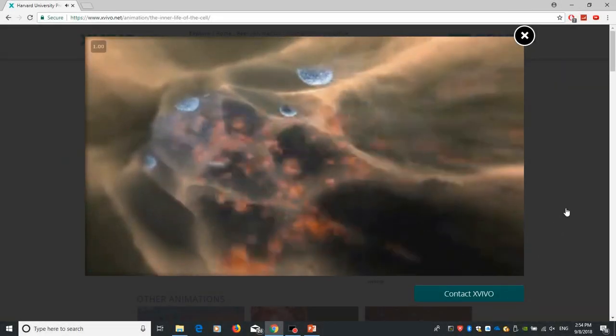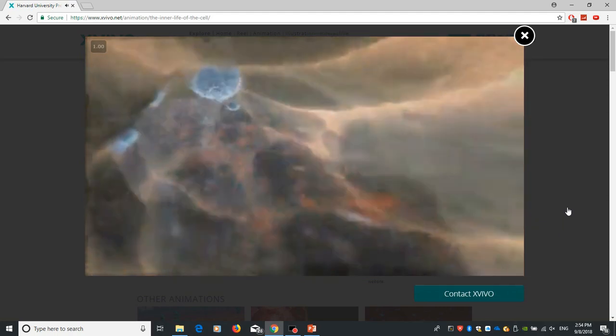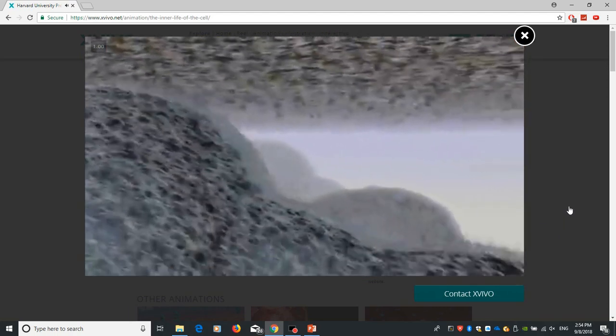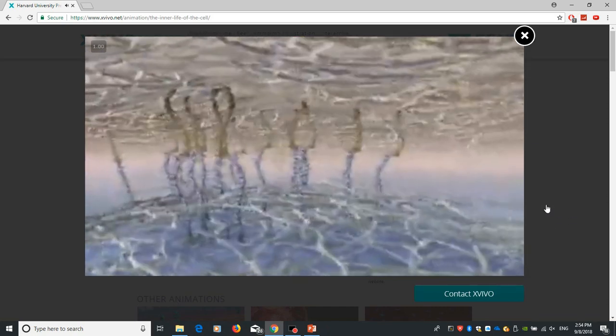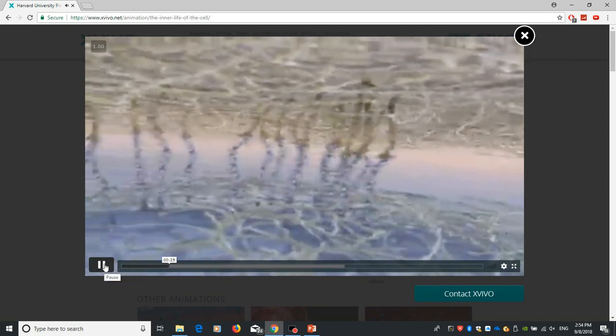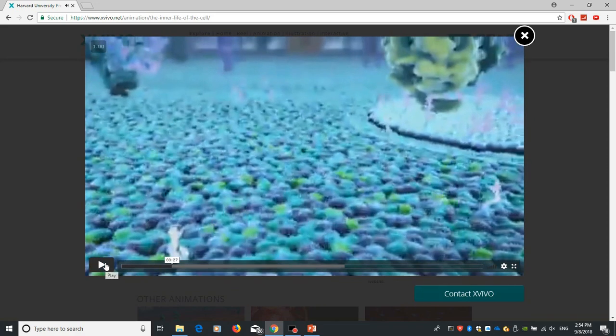This is a Harvard University animation that you may have seen before, red blood cells and white blood cells moving along the inside of a vessel. Here we see adherents, and here we are looking at the plasma membrane from the outer side.